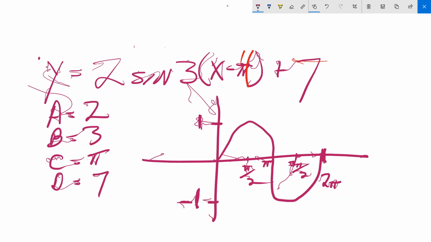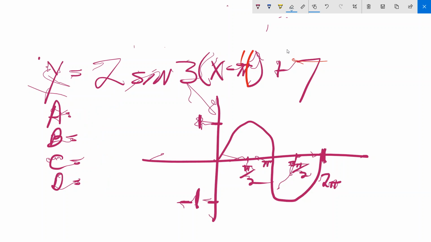So, let's say they gave me this graph, and I wanted to know what A, B, and C is. Hold on a second. Because that's the way they do it, is they give you a graph. Not this simple. I'm giving you the simplest case. But what you try to do is figure out A, B, C, and D from the graph.